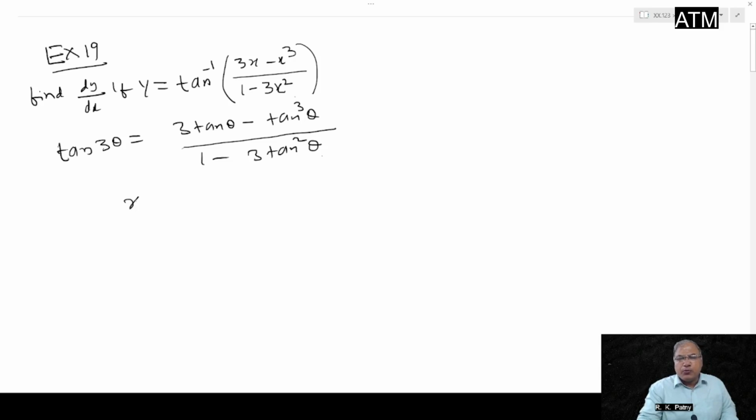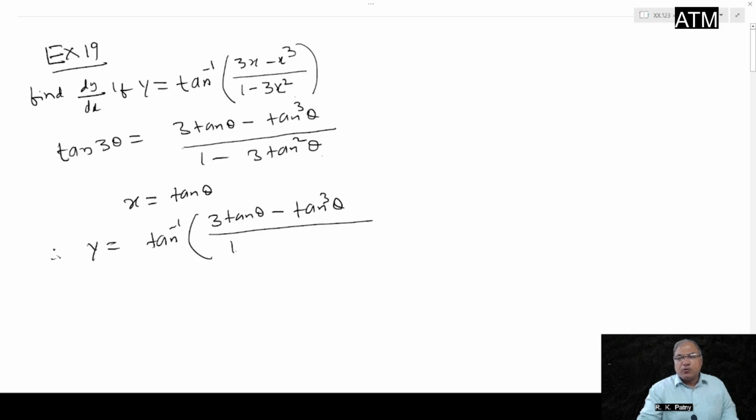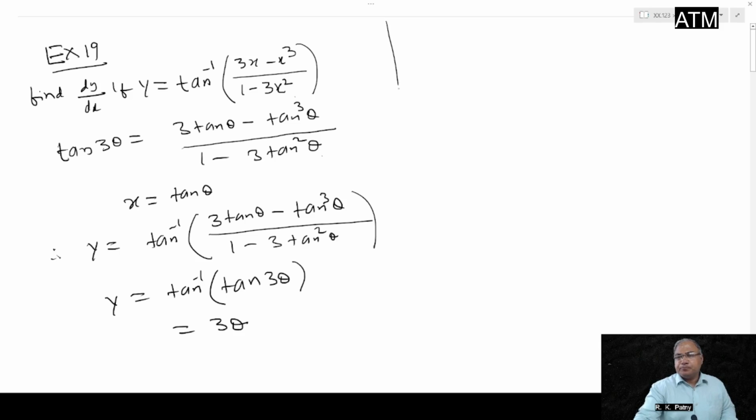That means I am going to put x equals tan theta. Therefore, y equals tan inverse of (3 tan theta minus tan cube theta) upon (1 minus 3 tan square theta). So y equals tan inverse of tan 3 theta, that is equal to 3 theta.